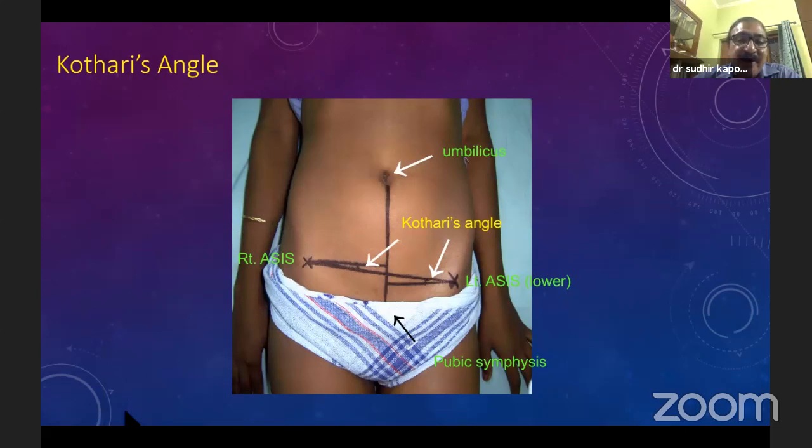Then a perpendicular is drawn from each anterior superior iliac spine to the midline, as shown in the diagram. In a case of abduction deformity, the angle formed below the line joining the anterior superior iliac spines will be the angle of deformity. In a case of adduction deformity, it will be the angle above the line. So in Kothari's method, there is no need to square the pelvis.